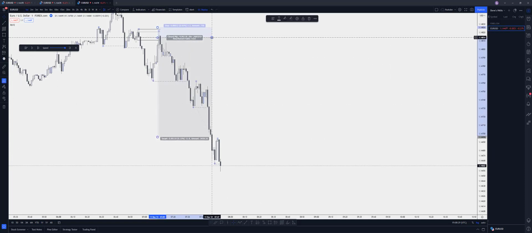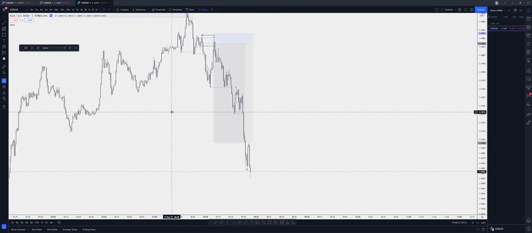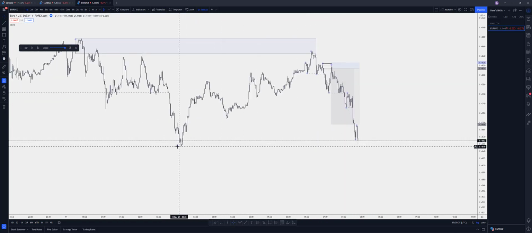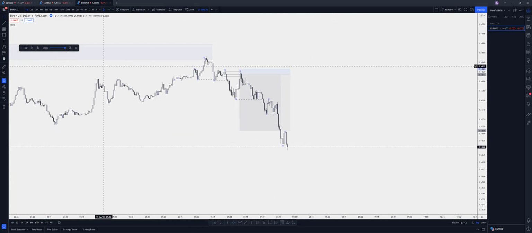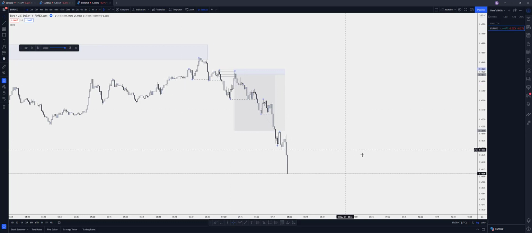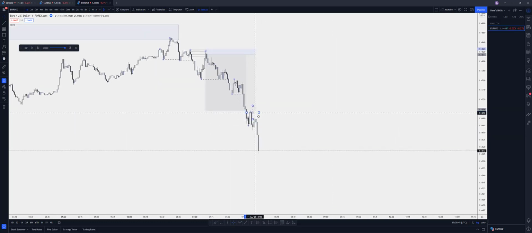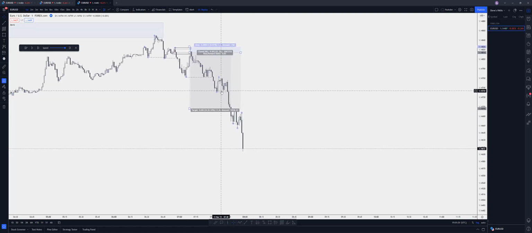So there's pluses and minuses to managing this way. You can potentially make more because you're not setting a limit as to how much you can make, but you can also get tagged out early. There's pluses and minuses to anything like that in trading. As you can see here, once again, it closed below, and then this candle closed above the previous candle, meaning this is an absolutely fine swing high.